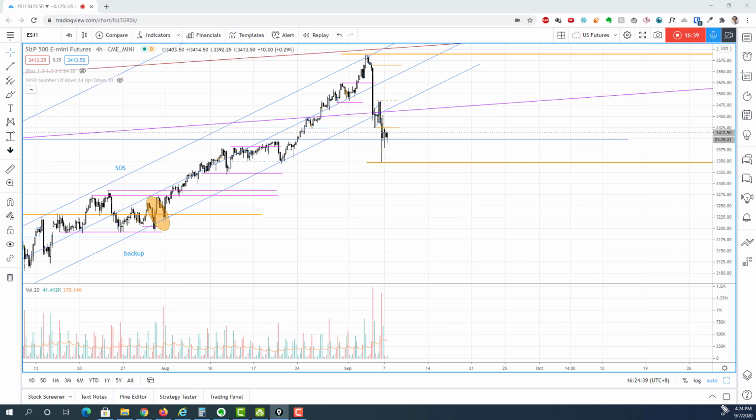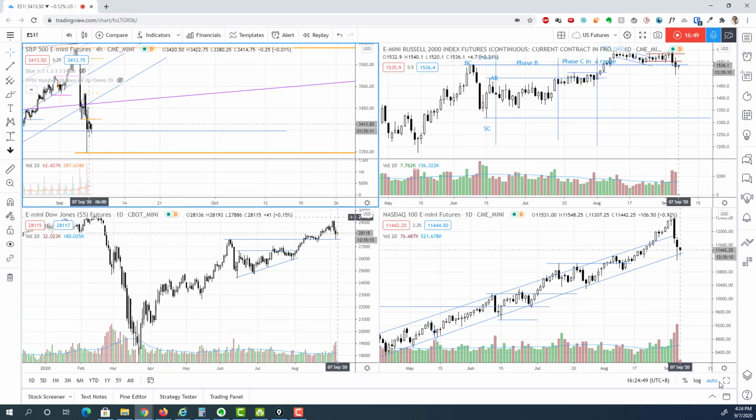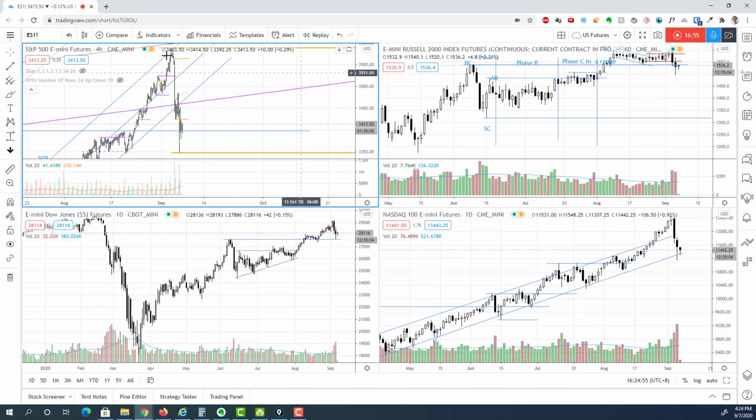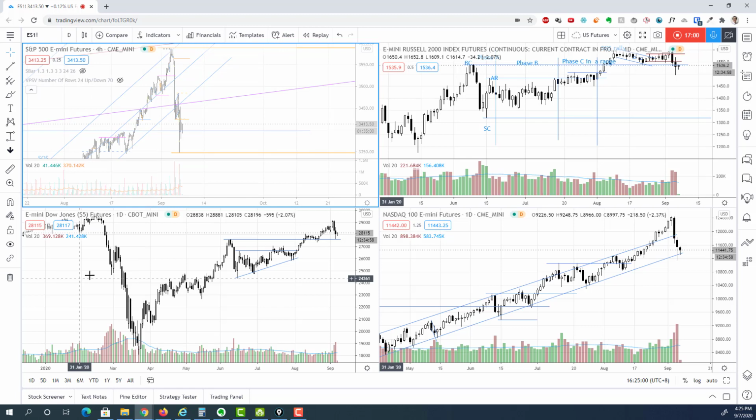Alright, so let me take a look at the NASDAQ, Russell, and also the Dow. I think it's very interesting to see all these four indices together, just by looking at the sell-off reaction that's been created since last Thursday.